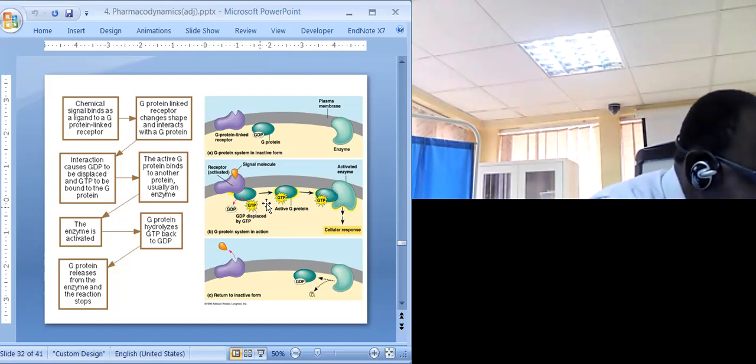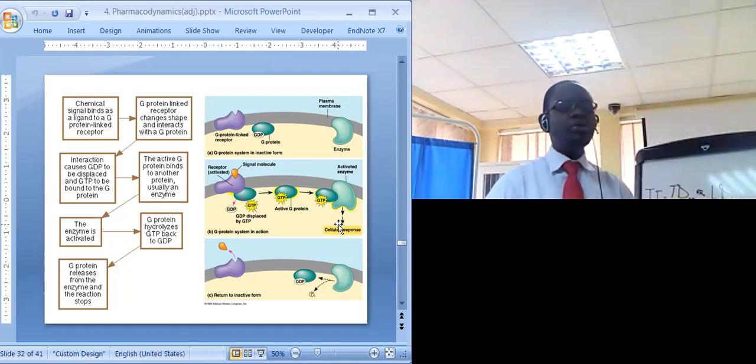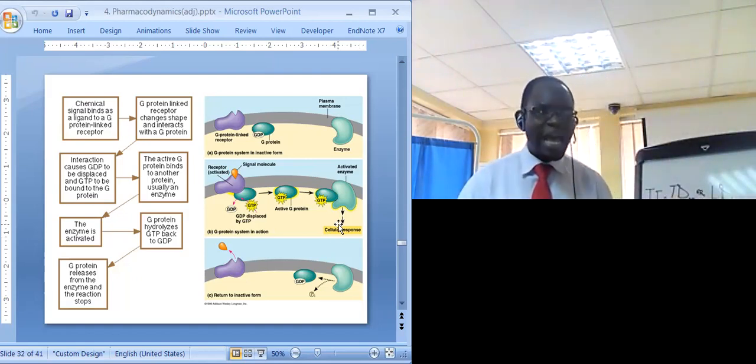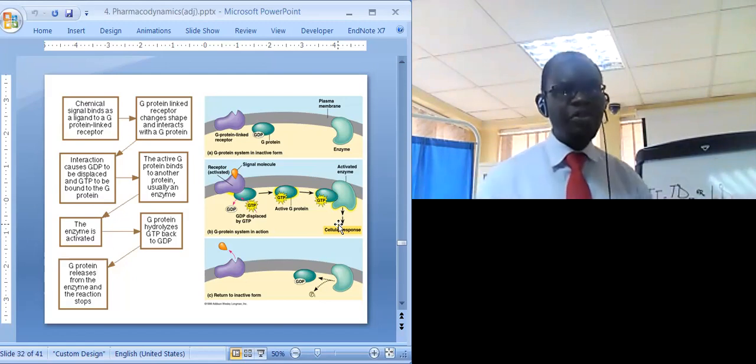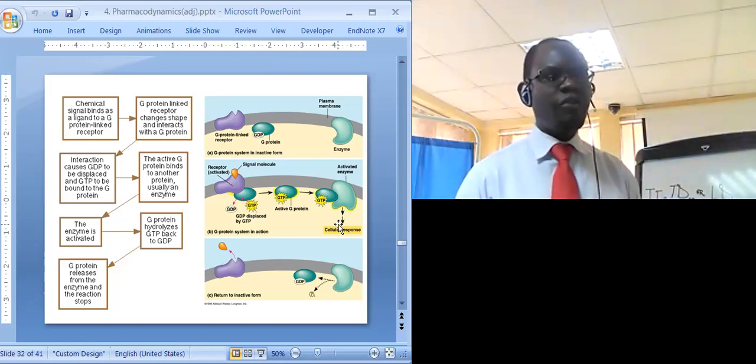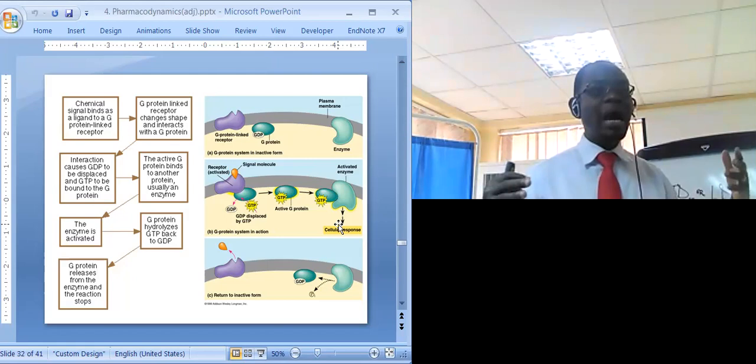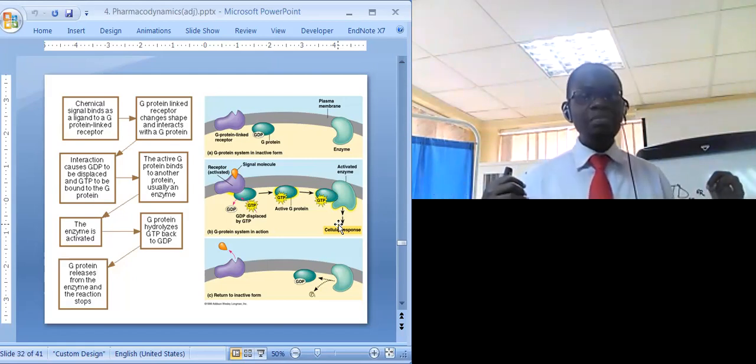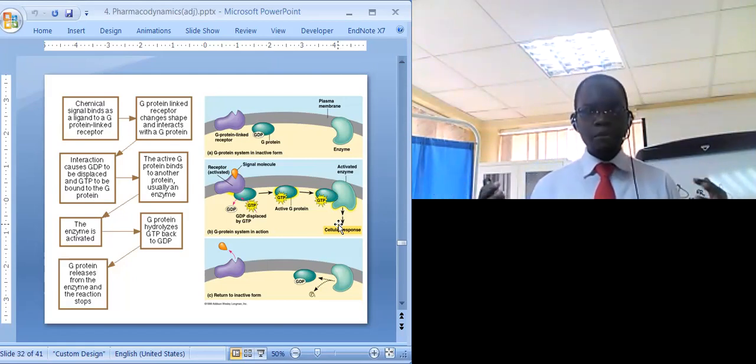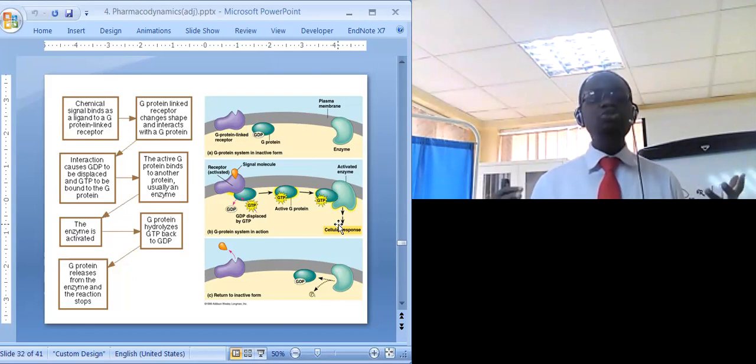And then once it binds to the enzyme, we have a series of other reactions which bring about a cellular response. Cellular response can be in different forms. It might be pain relief. It might be that these cells need to make more proteins, protein synthesis.